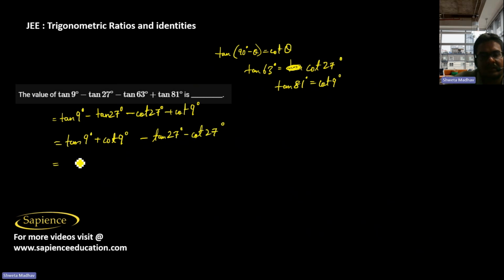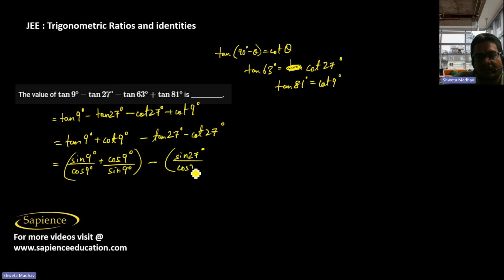Now this can be written as sine 9 degree by cos 9 degree plus cos 9 degree by sine 9 degree, since cot theta is cos theta by sine theta, then minus, if I take it as common, sine 27 degree by cos 27 degree plus cos 27 degree by sine 27 degree.